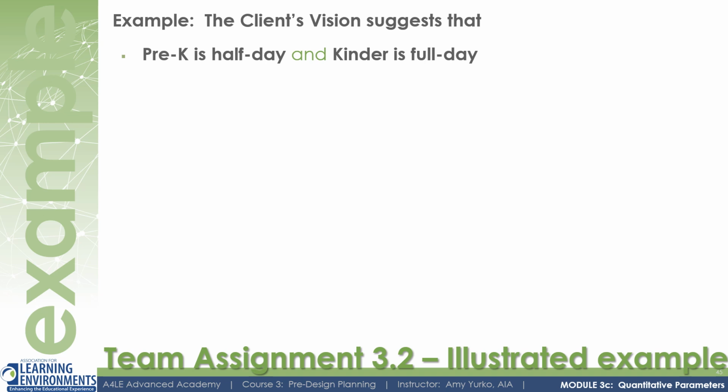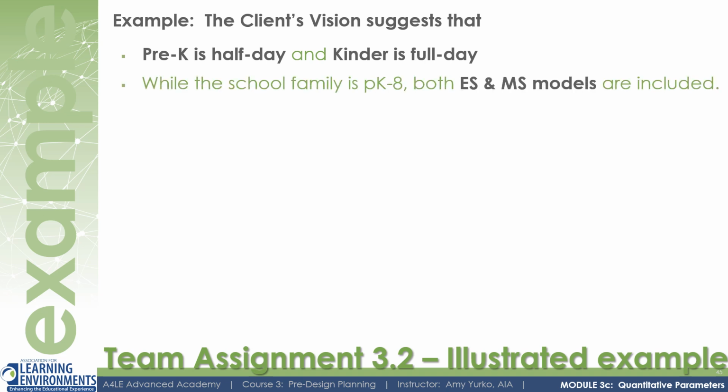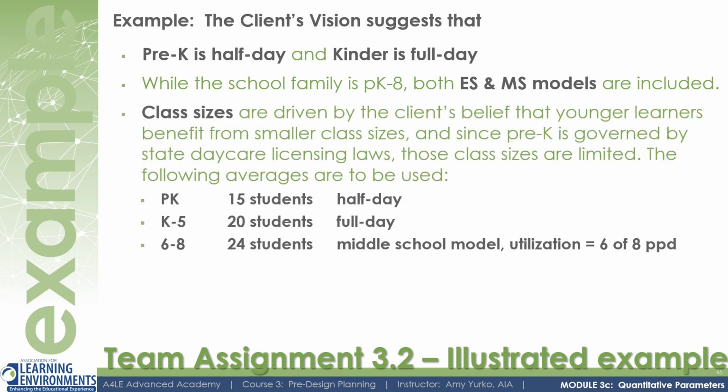I'll walk you through an example. Here's one example where the client's vision suggests that pre-K is half day and kindergarten is full day. And while the school family is pre-K through 8, both elementary and middle school models are included. Class sizes are driven by the client's belief that younger learners benefit from smaller class sizes, and since pre-K is governed by state daycare licensing, those class sizes are limited as well.